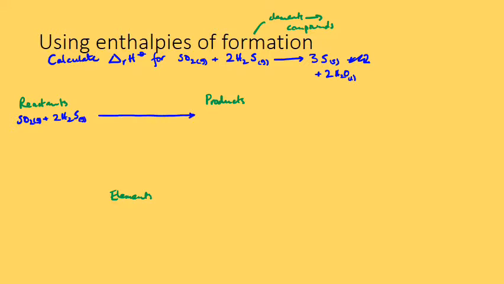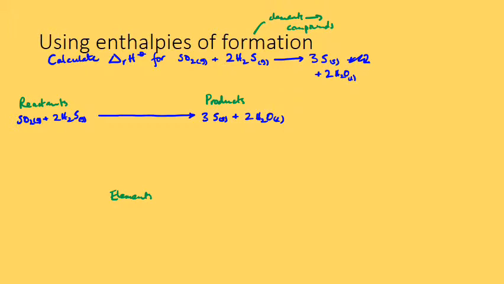And they give us our products, which are sulfur and water. Okay, so that's our reaction, just written down in a slightly different format. And what we then do is we're going to split those reactants into the elements and write them down below. And they will be the same elements that make up the products as well.